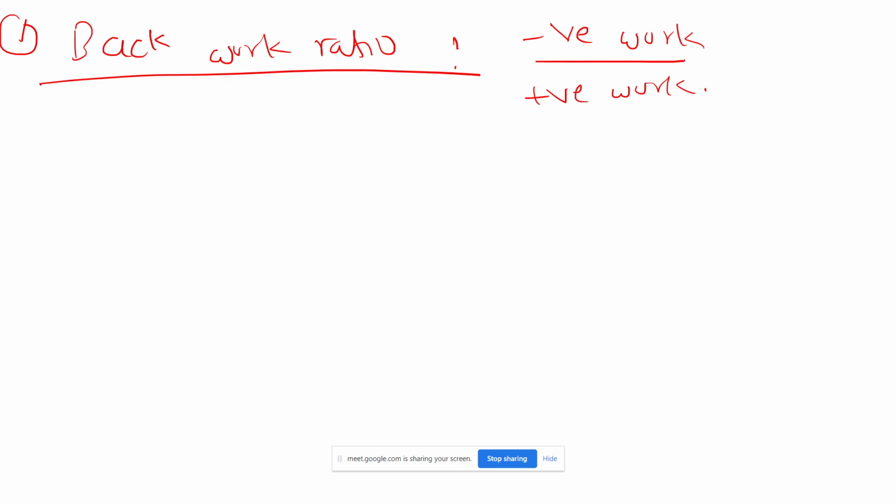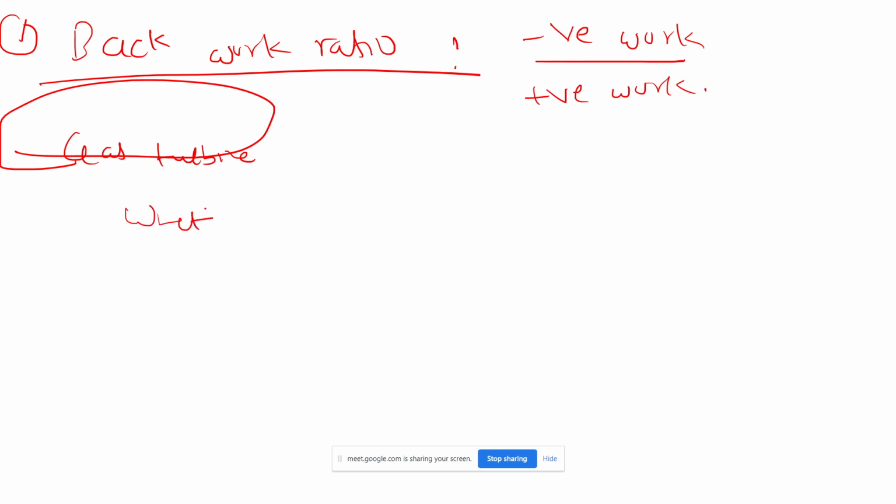Negative work, in case of a gas turbine, is the compression work, because what we want as output is to get maximum net work. The higher the net work, the higher the efficiency we will get. In a gas turbine, the negative work, that is the compression work, is very high, so the net work output decreases.